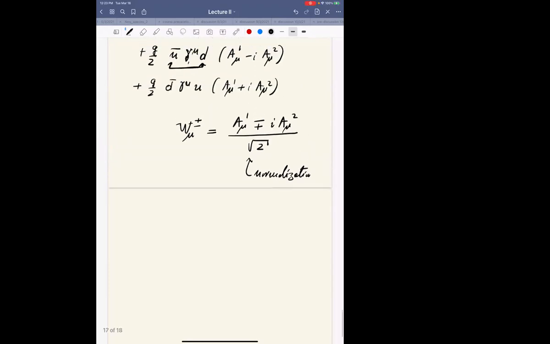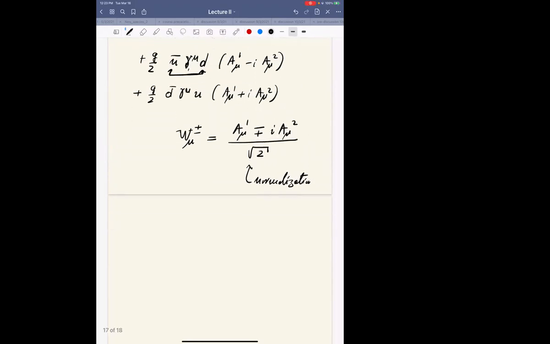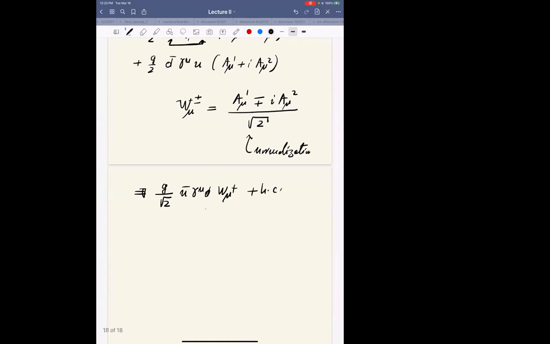These are obviously W plus or minus charges, because look what you get then. Immediately you get g over square root of 2 u bar gamma mu d W mu plus Hermitian conjugate. So for example, this would be g over square root of 2 nu bar gamma mu electron W mu plus. Precisely what the W boson will do. The W boson takes a neutrino and makes it an electron so that it can give me a beta decay. Now, what could happen in a beta decay? Let me maybe do it like this.